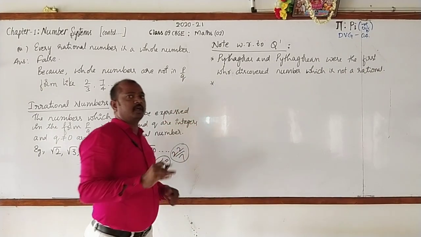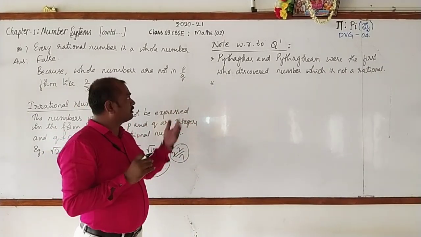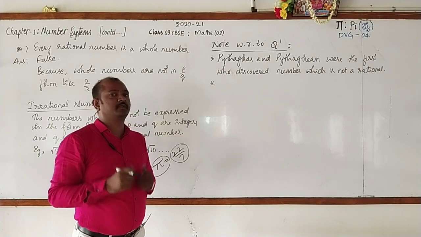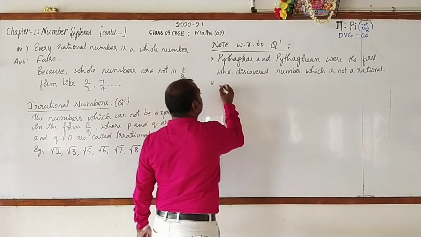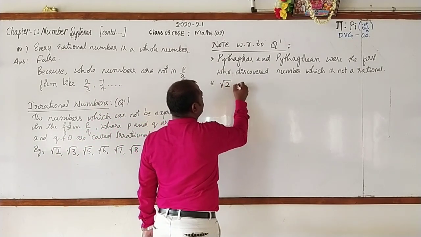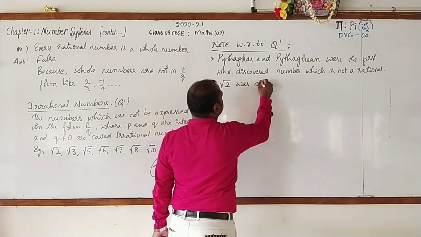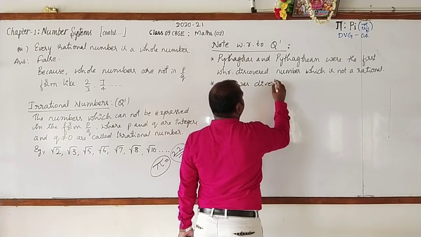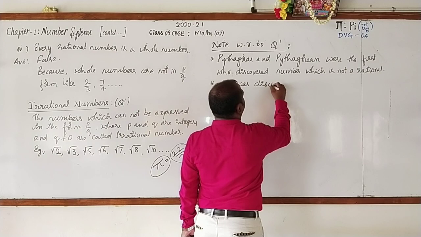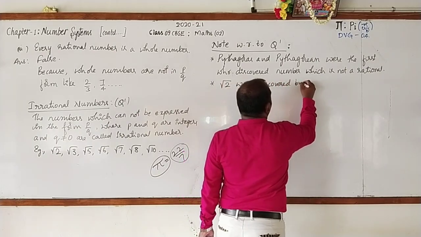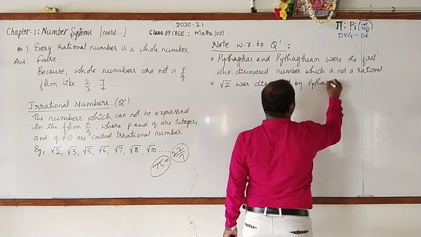And the first irrational number was discovered by again Pythagoreans. Which is that first irrational number? It is root 2. Root 2 was discovered by Pythagoreans.